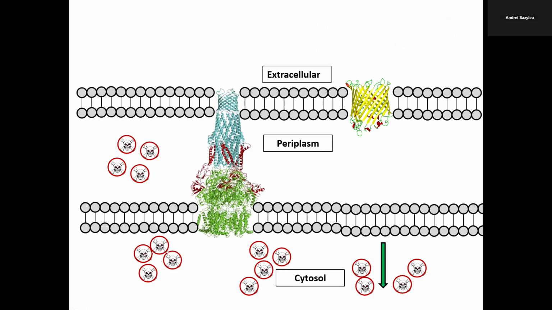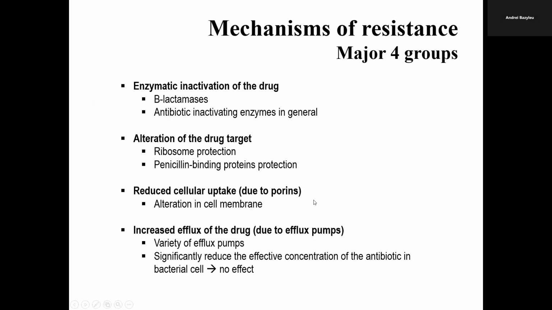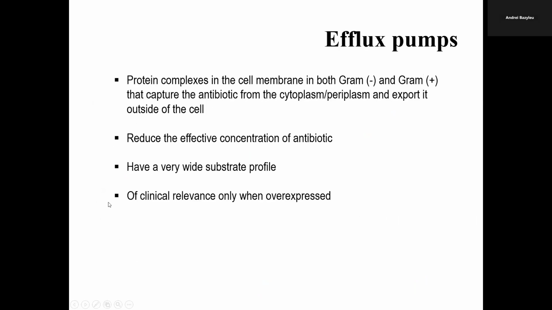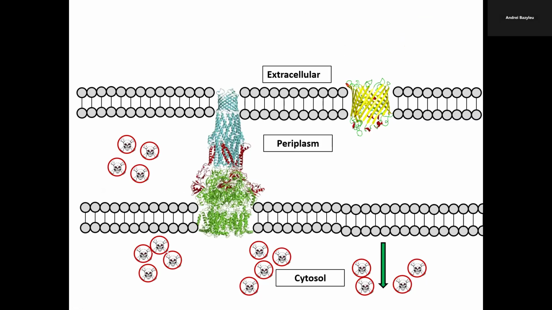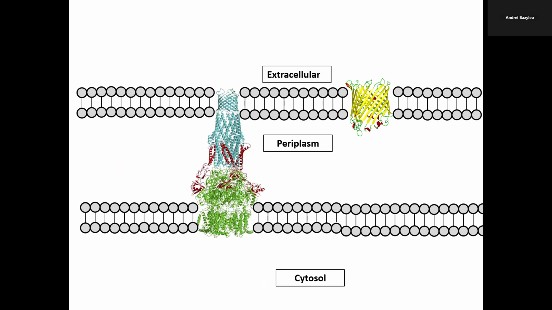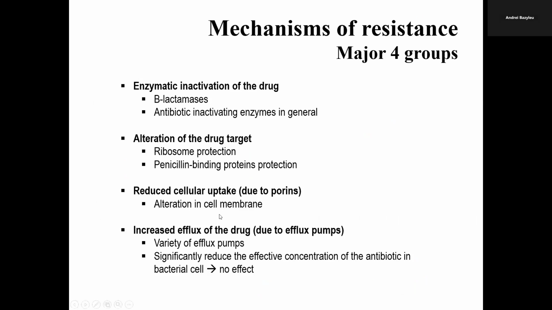So how would bacteria, using these two mechanisms, reduced cellular uptake and increased efflux of the drug, deal with this scenario? The first way to deal with this, which is referring to the mechanism here, reduced cellular uptake.